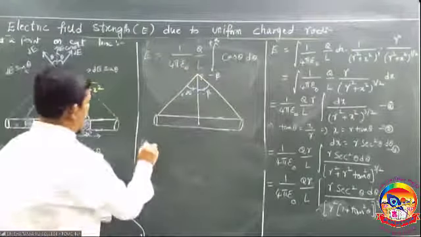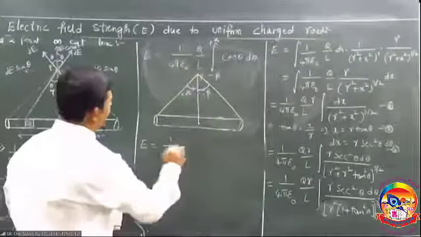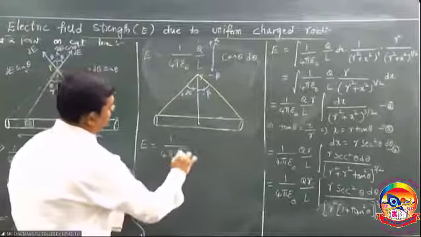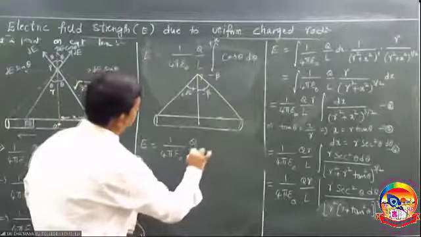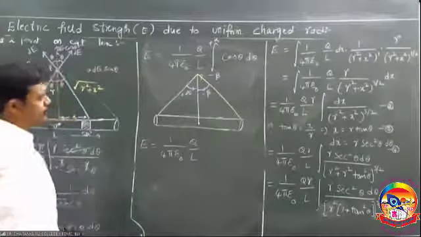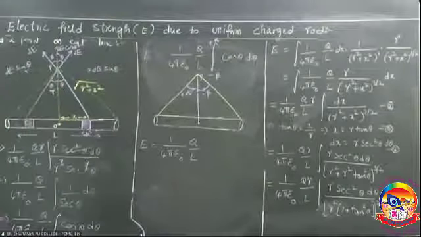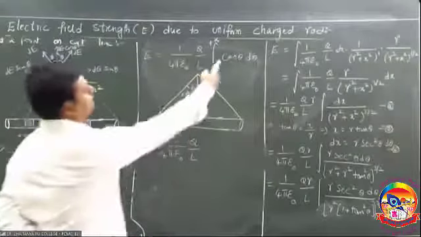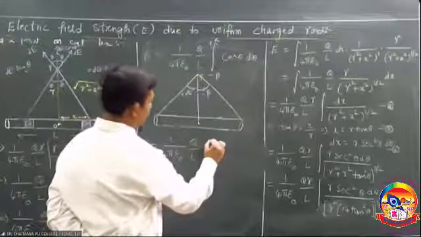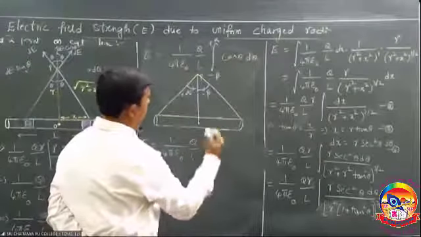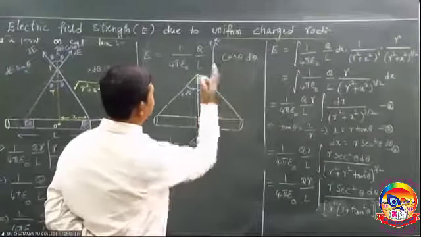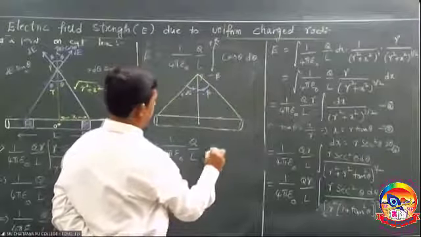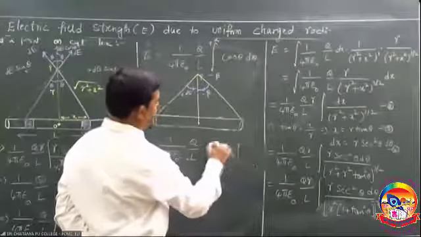Then E is equal to 1 by 4 pi epsilon naught Q by L, integral of cos theta is sin theta.